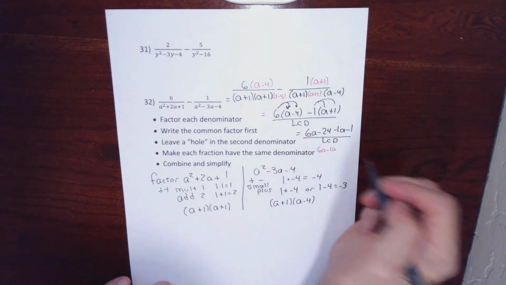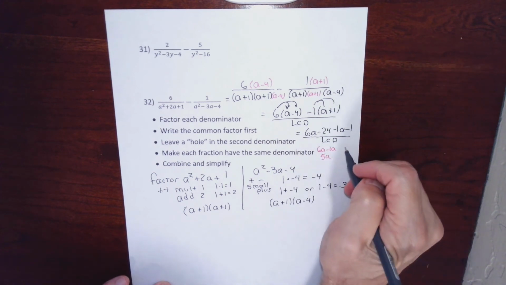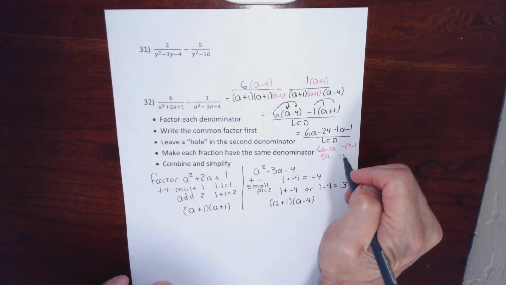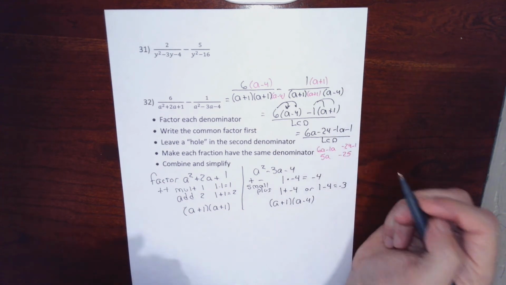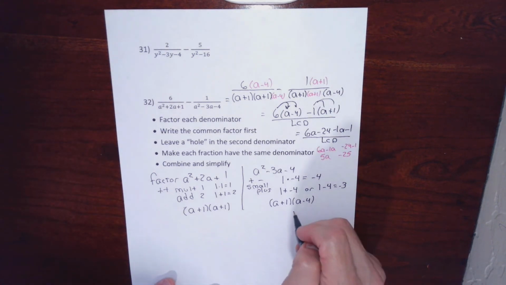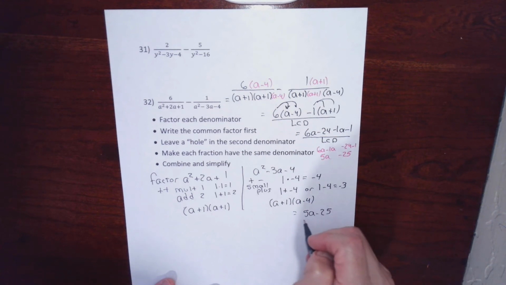In the numerator, there's a 6a minus 1a that were like terms that will combine to a 5a. And there's a minus 24 and a minus 1 that will combine to a minus 25. Because those have the same signs, I added them. So now my numerator is going to simplify to 5a minus 25.